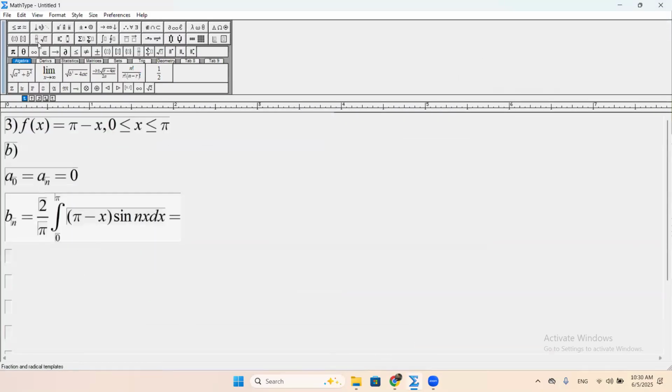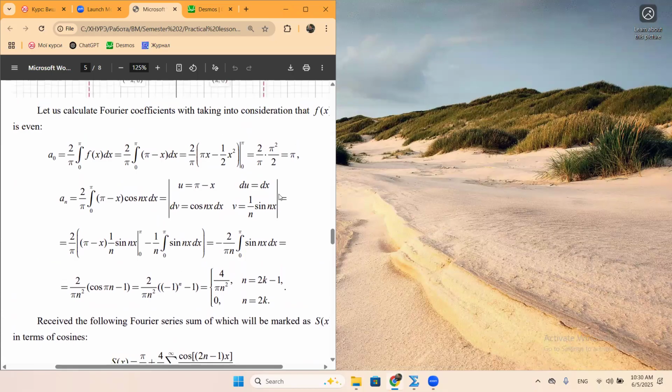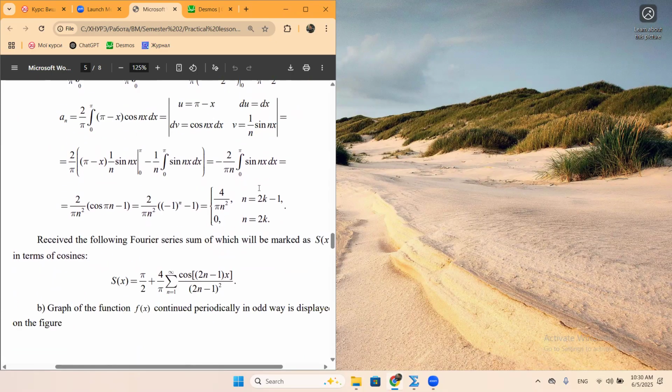So again, integrating by parts. u equals p minus x, du equals minus dx. I hope that I didn't lose signs. I lost signs somewhere.